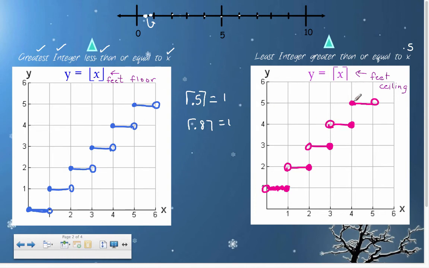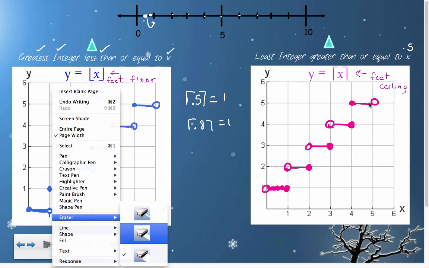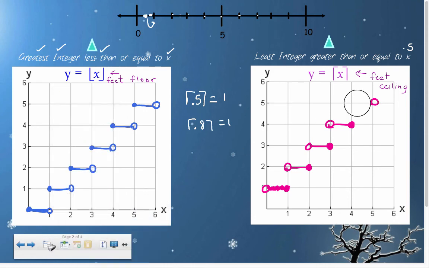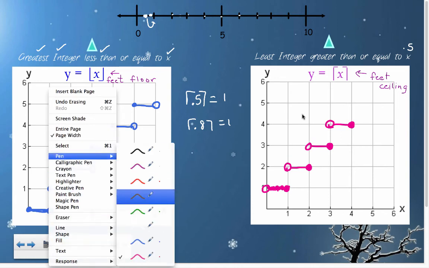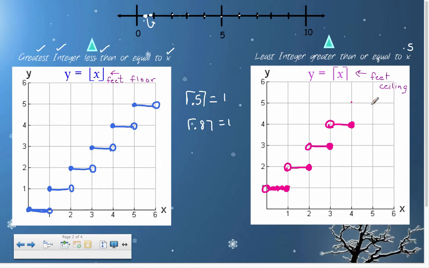Here they're on the left. As are the closed circles. Whoops. Got that one backwards, didn't I? There we go. Cleaned it up right.